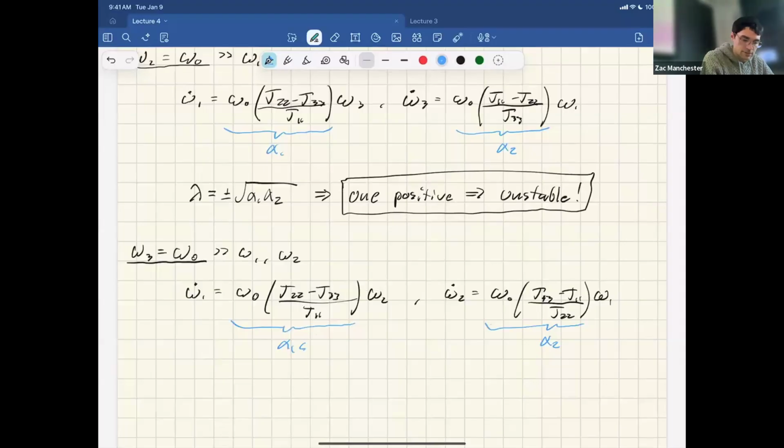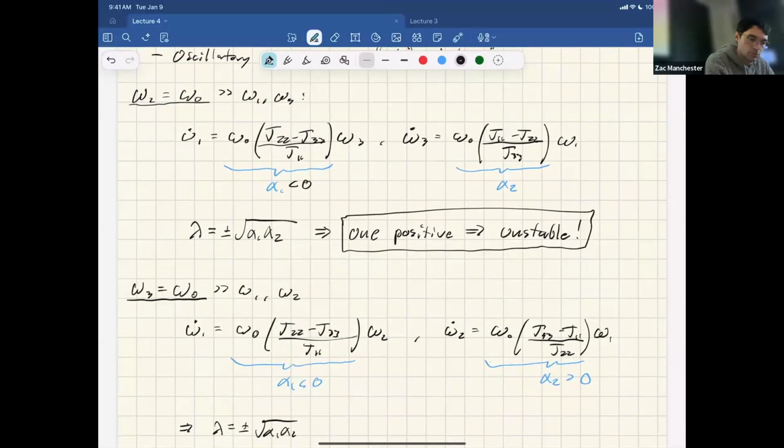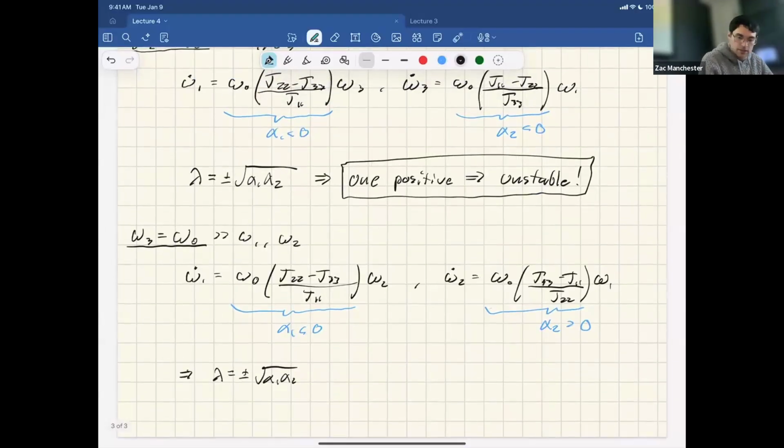And then here we got, similar to before, 1 negative, 1 positive. These were both negative. So this guy is pure imaginary. And once again, this is a marginally stable oscillatory situation like the minor axis.